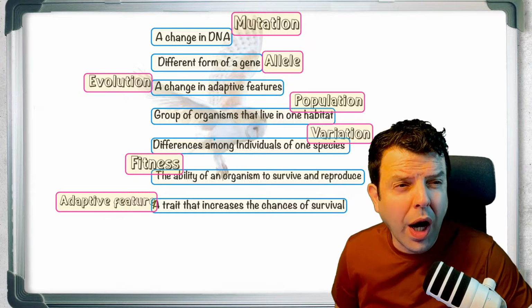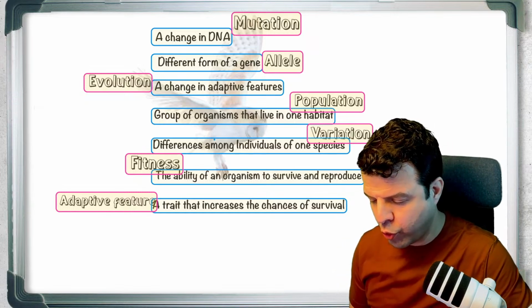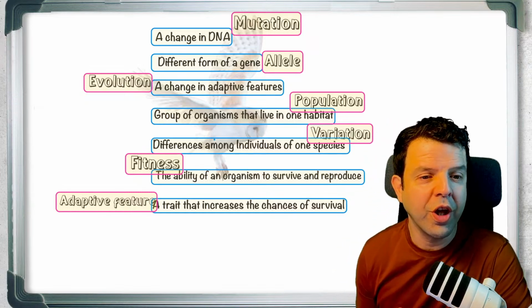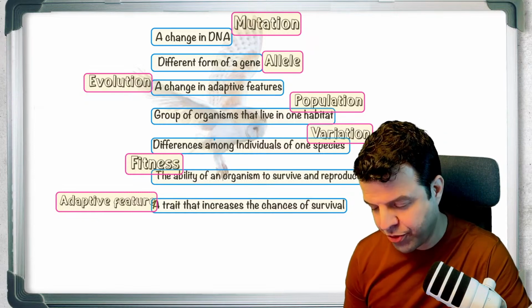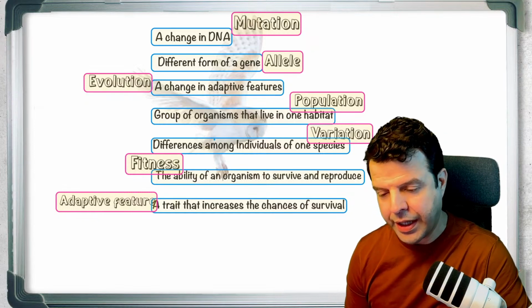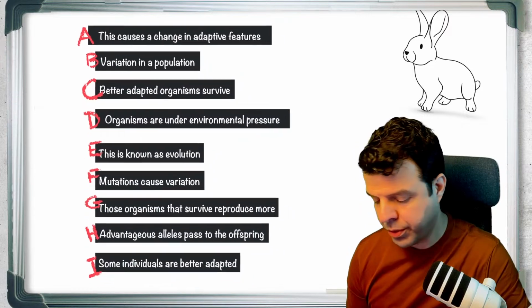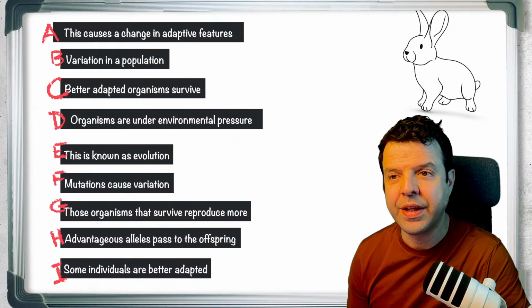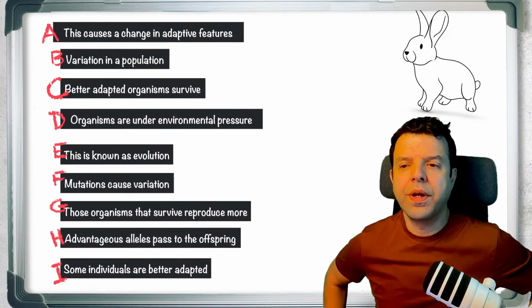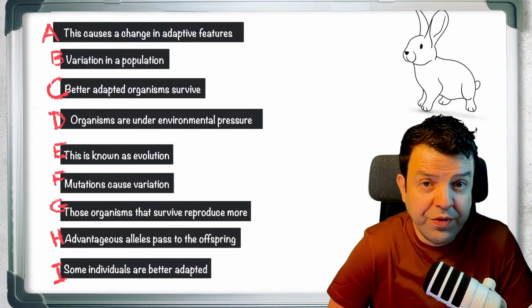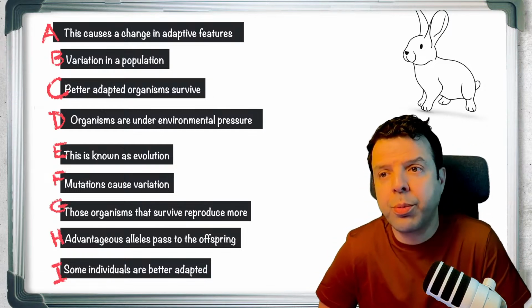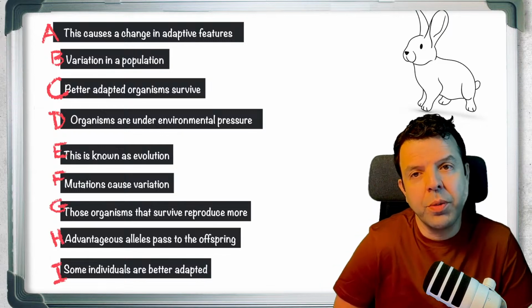All right, now I want just to master this evolution, natural selection. So I have one last example here. So again, if this comes for 5-6 marks, where do you start from here?